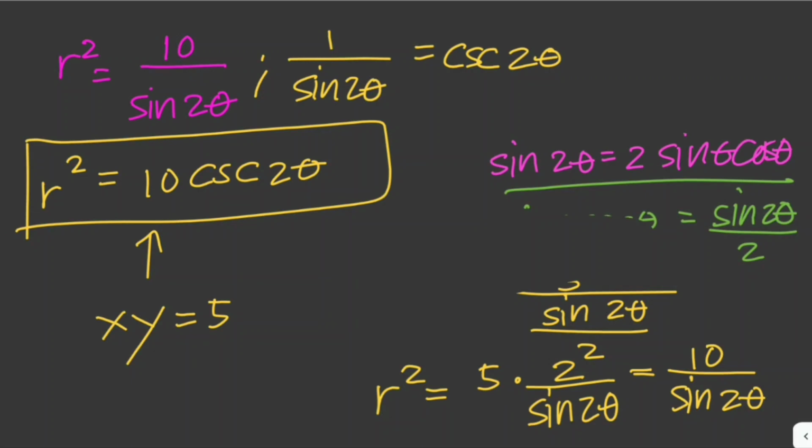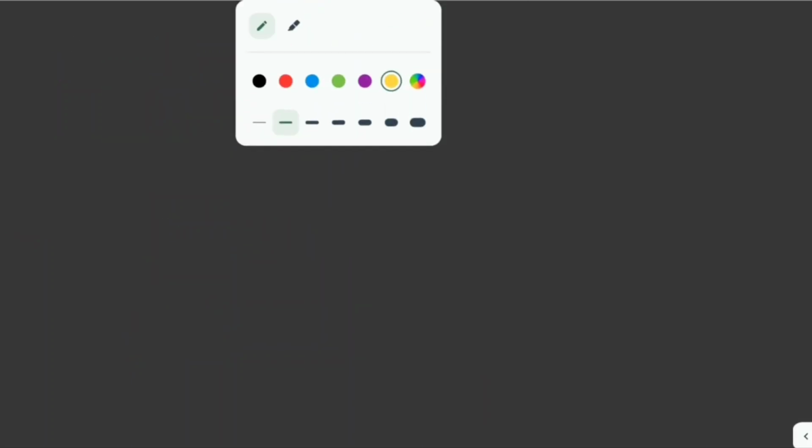Okay, let's solve another problem. What if we're given this problem, x squared plus y squared minus 6y equals 0, and we will convert this into its polar form.